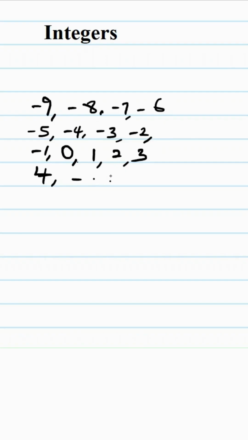So these are integers. When you see a number with no sign in front, for example 1, it means that it is a plus 1. So 1 means a positive 1. When you see 2, it means a positive 2.